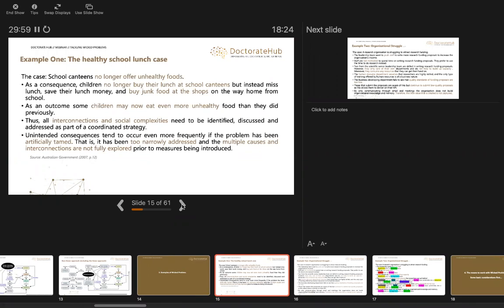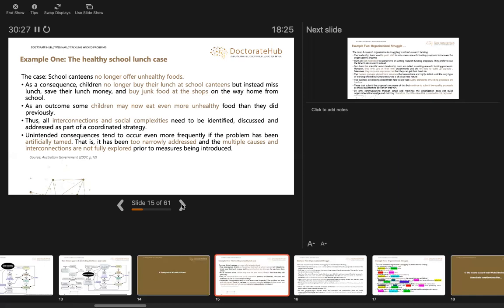And thus, all interconnections and social complexities need to be identified, discussed, and addressed as part of a coordinated strategy for this not happening. And we will look into that later, which type of analytics and which type of reasoning will lead to the decision that school canteens no longer offer unhealthy foods, which quite obviously will backfire and will lead to unintended consequences.